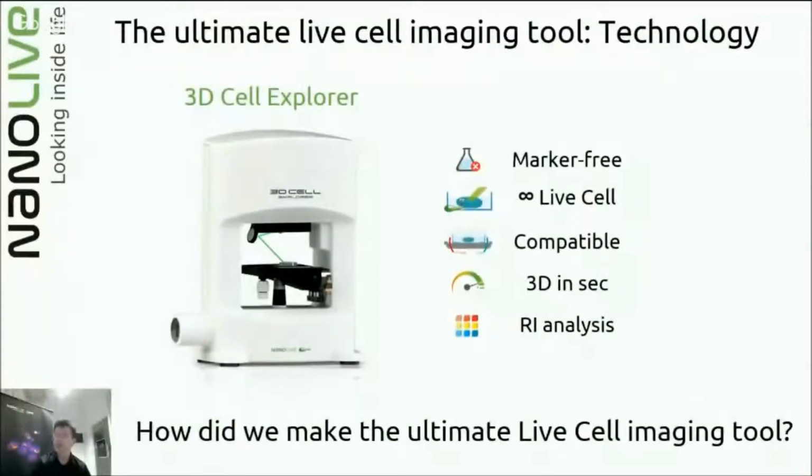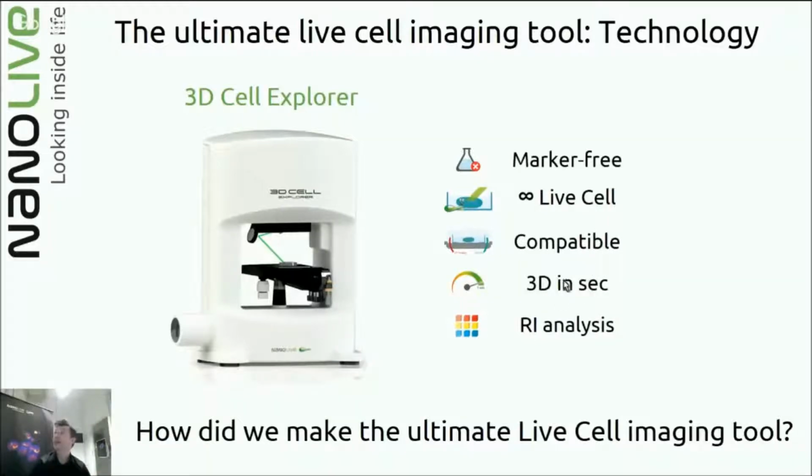So we are entering the part on the technology. I will tell you something about how we achieved a marker-free microscope with such resolution, how we can get to infinite live cell imaging, and the compatibility of our microscope with basically everything you can imagine.